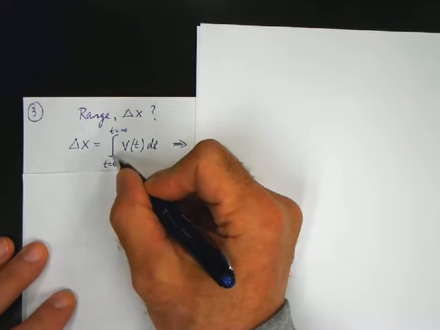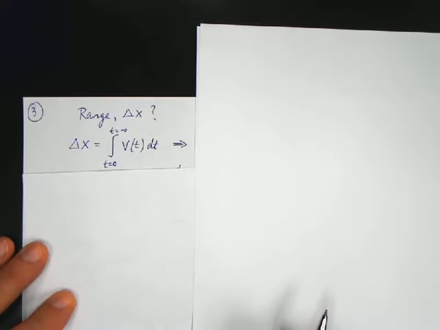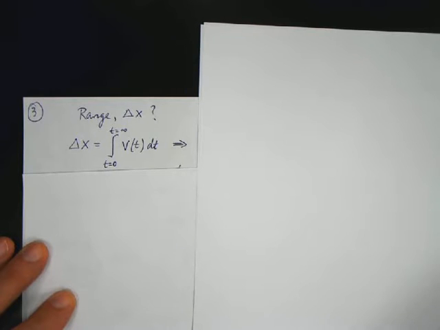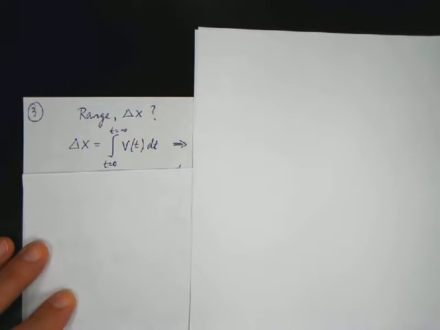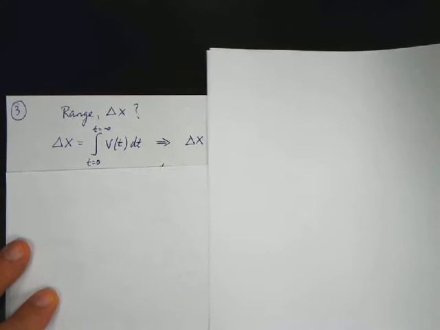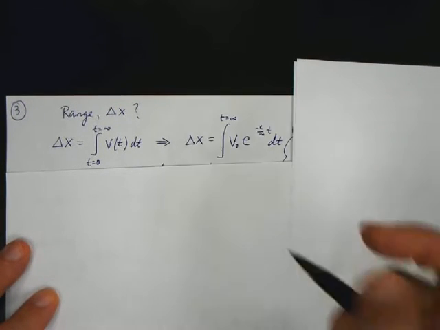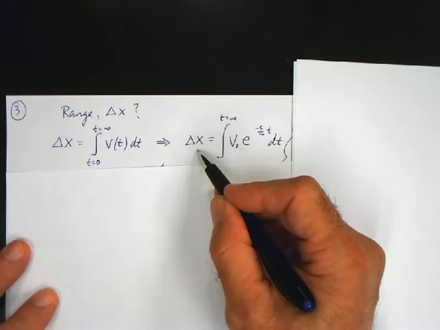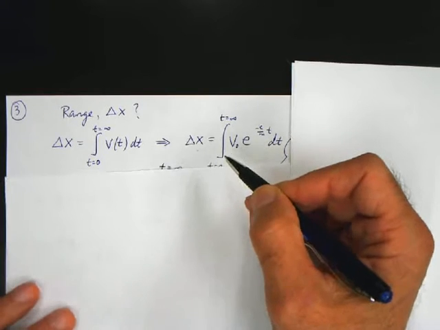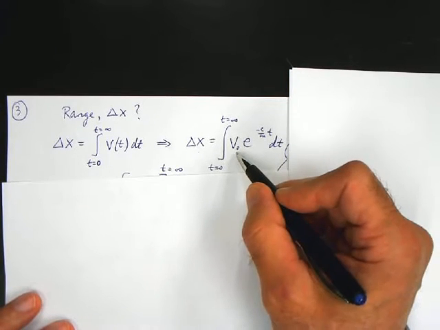Well, I'm going to hide some of this stuff here. If we wanted to find the range, we remember that if we take the integral of velocity as a function of time, we'll get the displacement. So we could go from, let's say, t equals 0 to t equals infinity, if we wanted to find the range over a long period of time.